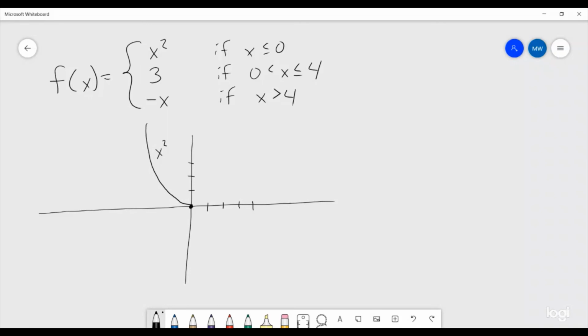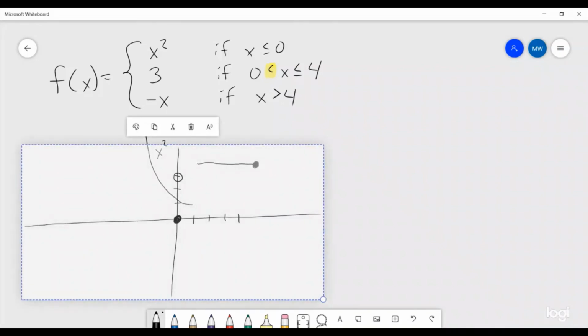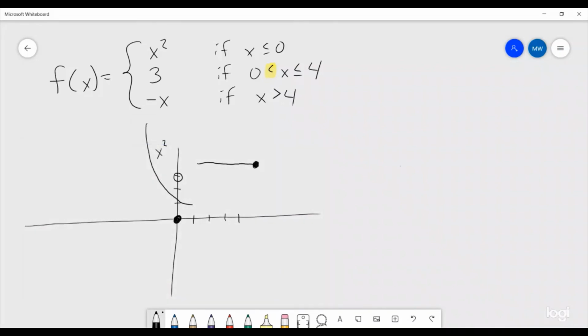1, 2, 3. Now I'm drawing an open circle as opposed to the closed circle we had at the origin to signify that that is one of the endpoints, but it is not included. That is what this less than right here is telling us. But on the other end, it's going to be a closed circle because it is included.